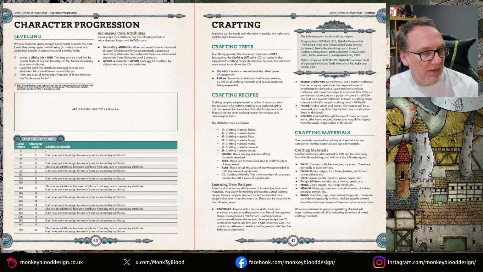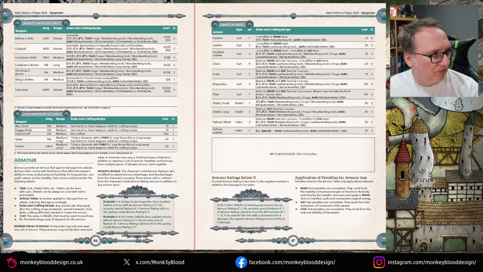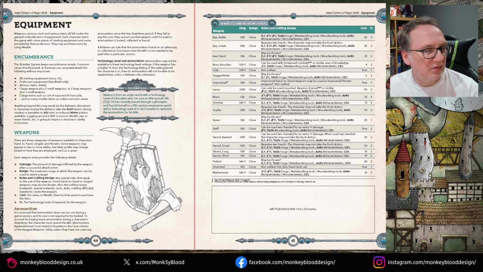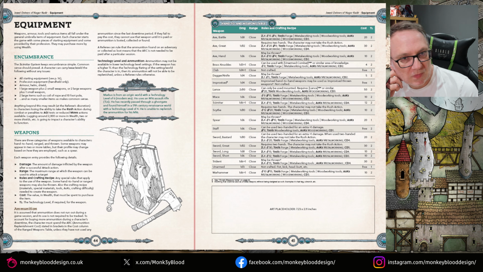So crafting, you can pretty much craft most things, and if I just jump forward here to the equipment. So the battle axe at the top there, it needs 4 fauna, 15 metal and 6 timber, wood crafting materials.